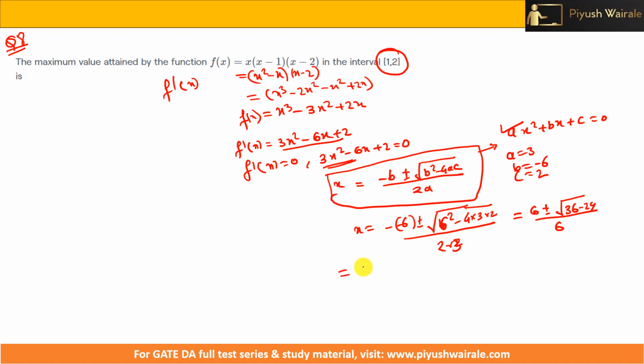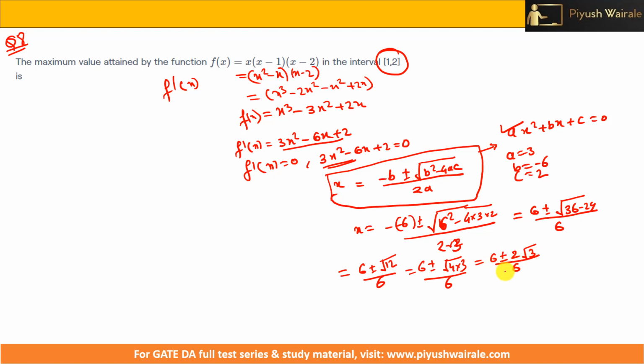So it is 6 plus minus root 12 divided by 6. I can write root 12 as root of 4 into 3, and 4 is 2 square, so I can write it as 6 plus minus 2 root 3 divided by 6.